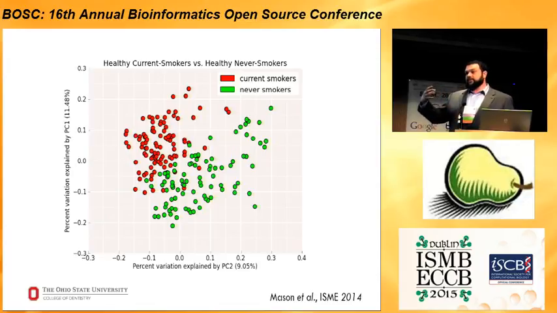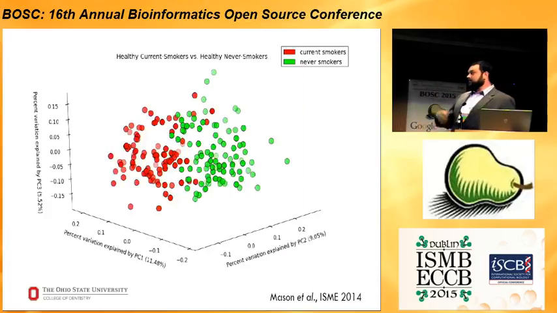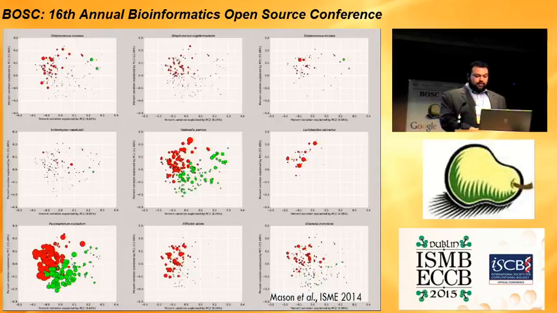You can specify either 2D or 3D within the same tool and get the same results, and it'll automatically figure out all the categories in a column that you specify in your mapping file. You can also specify a column of colors in your mapping file, and it'll use that.